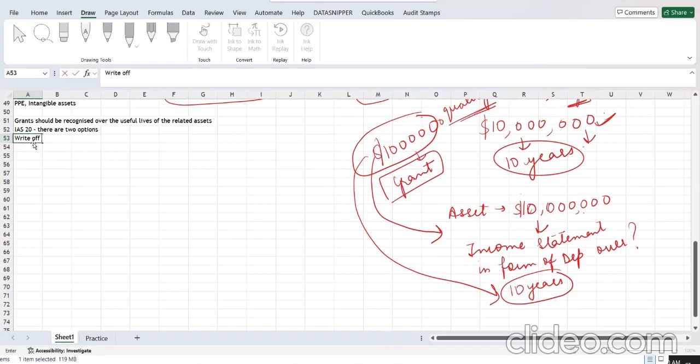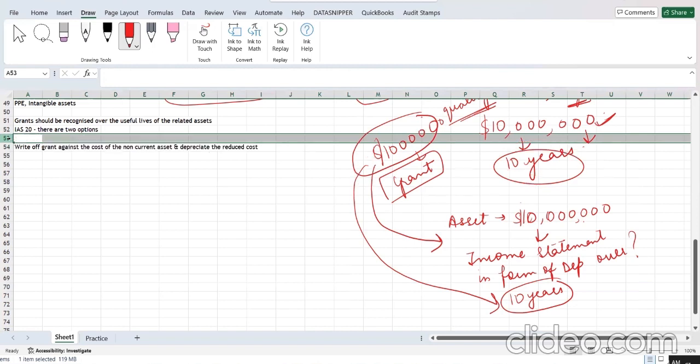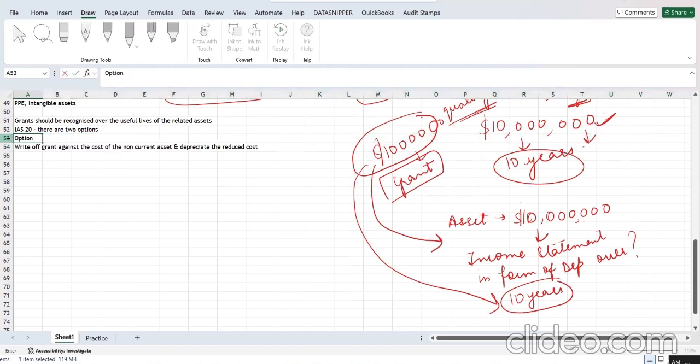Write off the grant against the cost of the non-current asset and depreciate the reduced cost. This is option one.